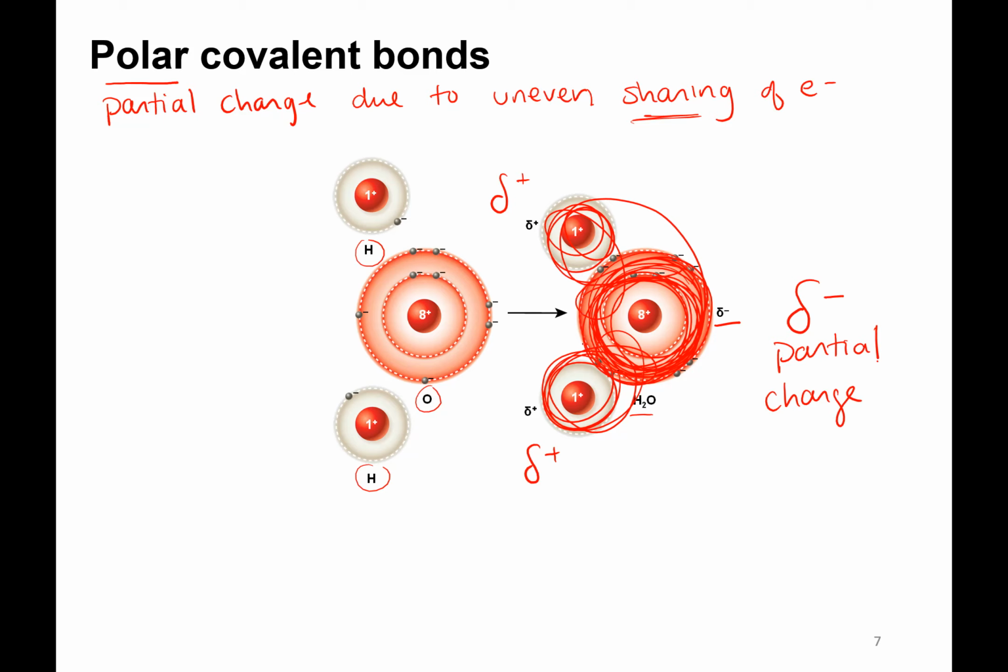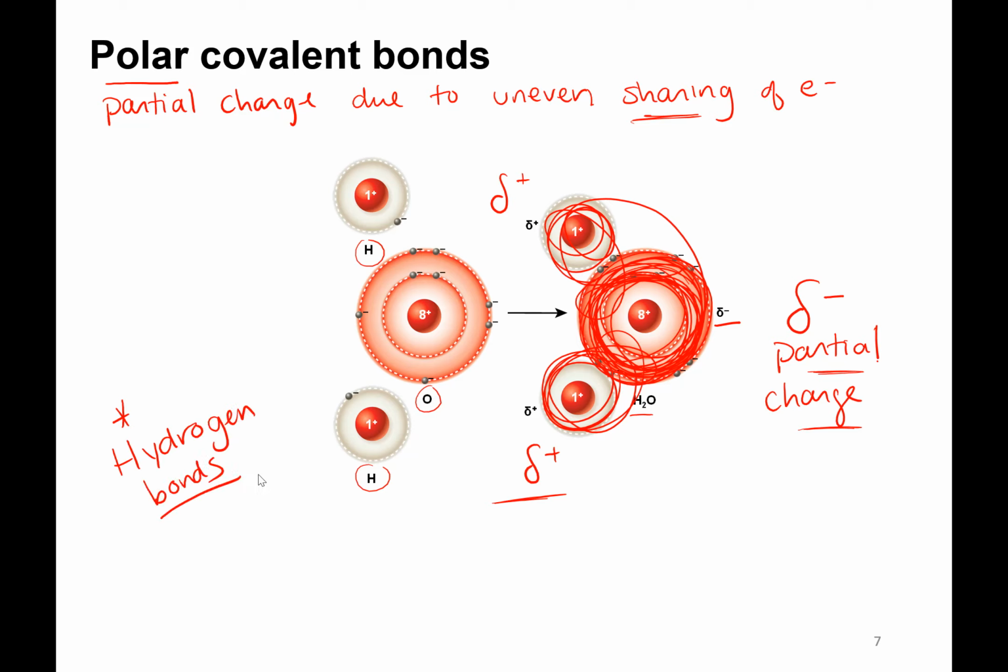So whatever atom can hold on to the electrons the longest, since electrons have a negative charge, that part of the molecule will have a partial negative charge, and the other part will have a partial positive charge. Okay, and again, these are going to be super important for hydrogen bonds.